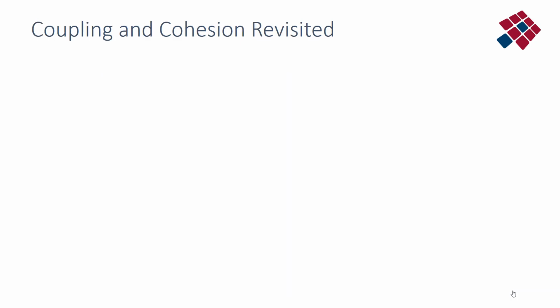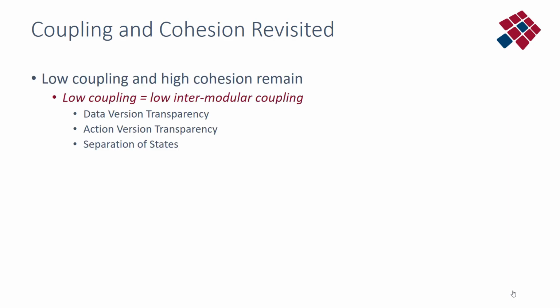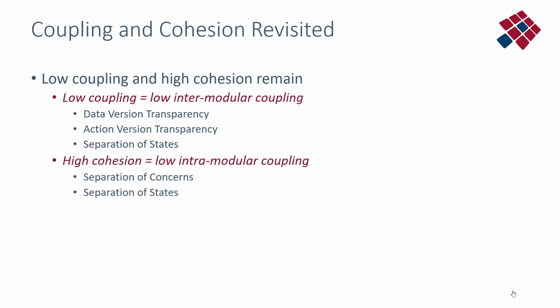If you look again at the double dictum of Dave Parnas, low coupling, high cohesion, well, these remain, of course. However, we say low coupling is low coupling between the modules: data version transparency, action version transparency, separation of states. And high cohesion is actually also some kind of coupling. It's low coupling within the module.